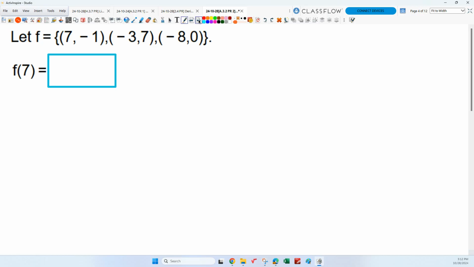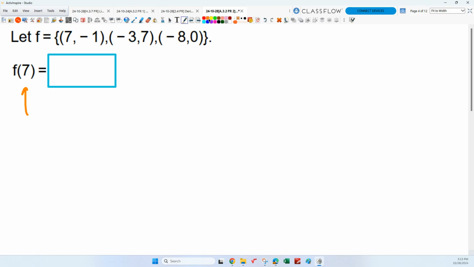Mackenzie, what's f of 7? What do you think? Okay, so now if I do f of 7, what's my input? What's the input number? 7. Okay, so I'm inputting a 7. What is it? It's negative 1, right? Because if I'm inputting 7, I want to pick the ordered pair that has 7 as an input value.